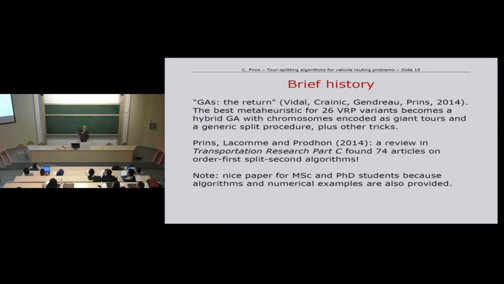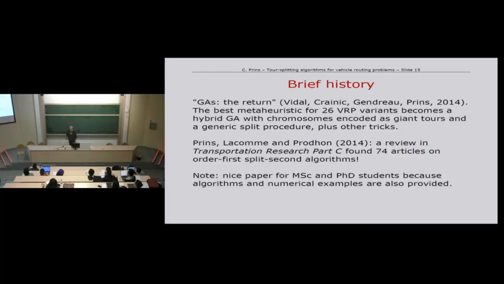We had a fantastic PhD student, Thibaut Vidal, and he designed a hybrid GA, which is currently the best metaheuristic for 26 kinds of vehicle routing problem, and it's also an algorithm where the chromosomes are encoded as giant tours.